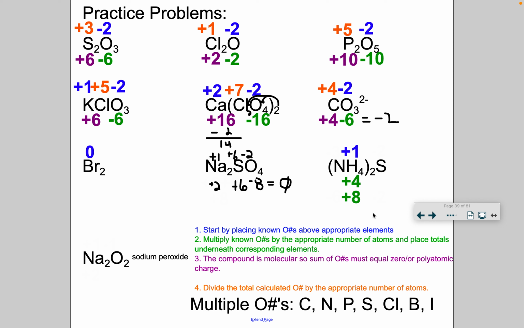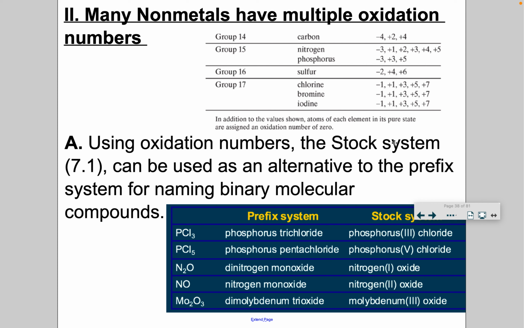Okay, now, nitrogen and sulfur, they are ones that can have multiple, okay? But in covalent compounds and ionic compounds, because covalents can also be named like ionic, your cations are first. You'll notice that your cations are always in the front, and your anions are in the back. So if I take a look at this table, I had nitrogen.